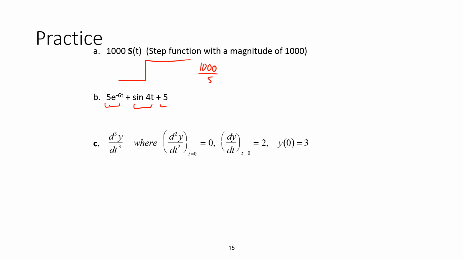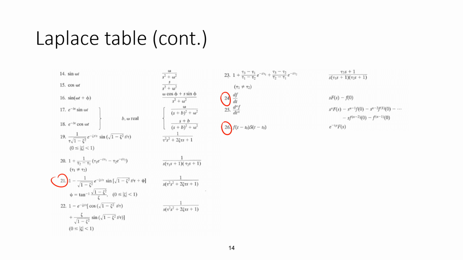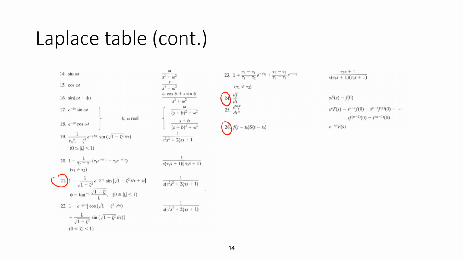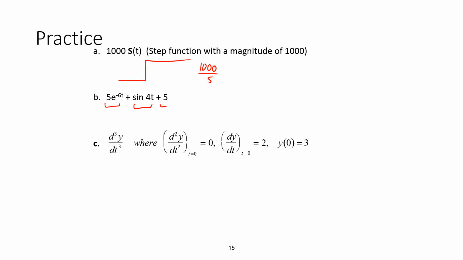So 5 e to the negative 6t. Go back to your Laplace tables, and you'll use that one to bring it over to that form in the Laplace domain. And then sine wave, I think we had sine in there as well, and then we'll use that one from our Laplace tables. So you can convert each of these and then have an expression for the Laplace.